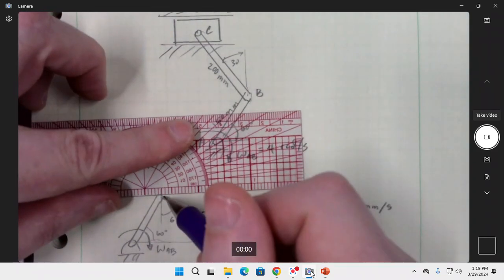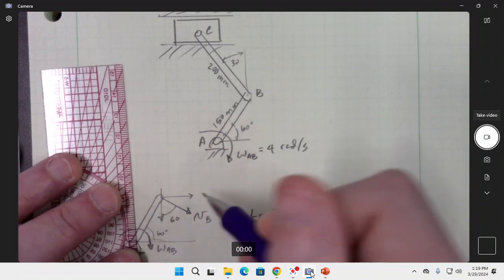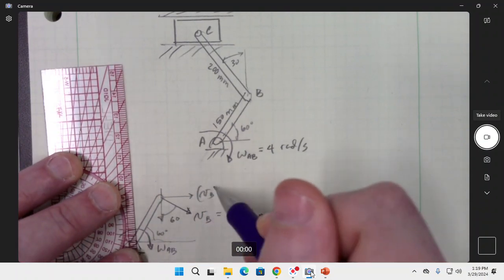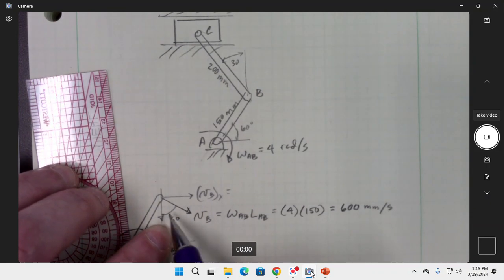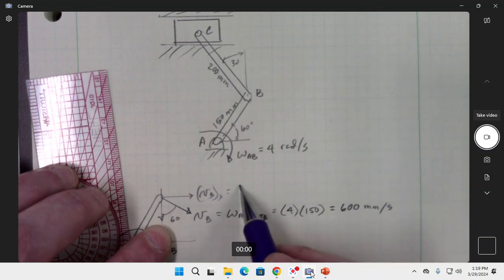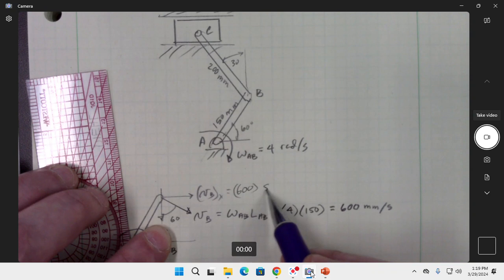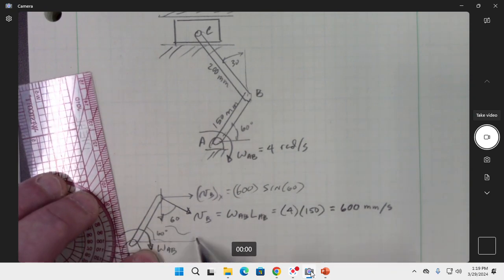So we could have right here that guy and that guy. So you'd say VB x, if I stick with the 60 degrees instead of turning it into 30 degrees, would be 600 times the sine of 60 right there. And then we could also have the VBY downward of 600 and cosine.